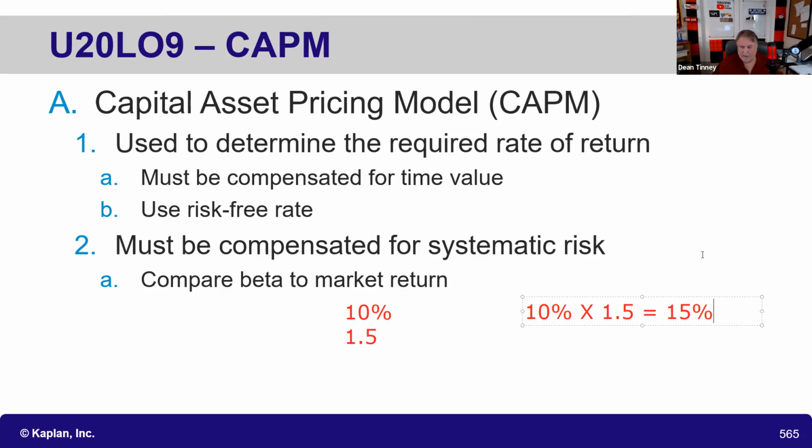That would be our required rate of return, our expected rate of return. And if we got more than that, the excess return would be alpha, and the alpha could be positive or negative. That's an oversimplification, but we are going to compare that to the market.